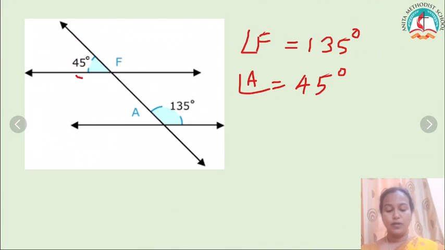Because this 45 degree angle and this angle A are corresponding angles. Corresponding angles are equal, right? So both are 45. Then in the same way, 135 plus 45 gives 180. Yes, so what I have found out is correct.